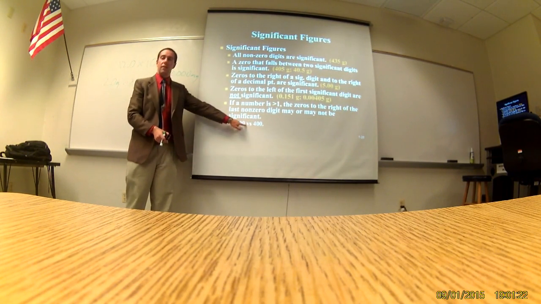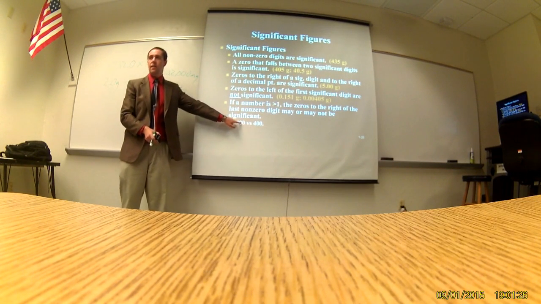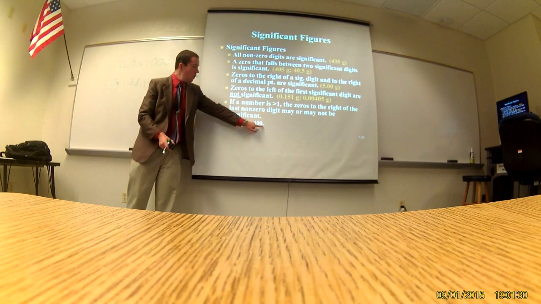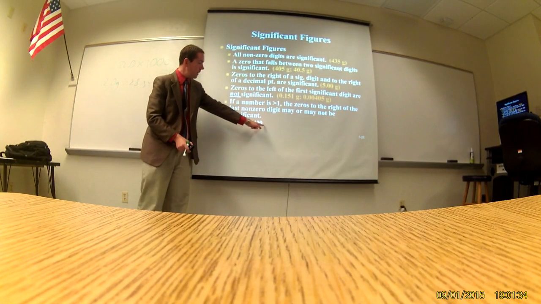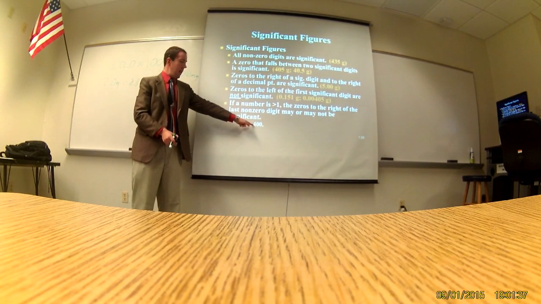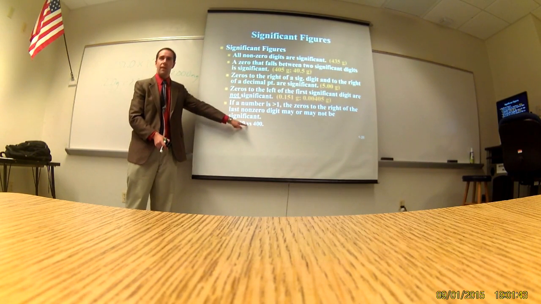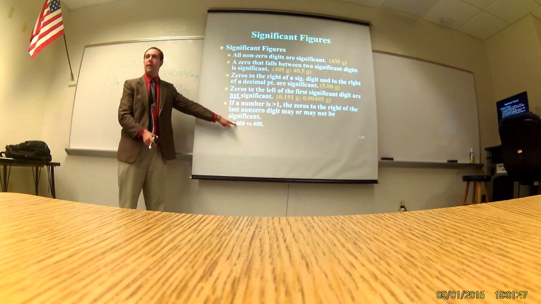There's no point here, so these zeros are not significant. When you have that point there, everything between that point and the non-zero is significant. If you don't have a point, everything between where that point would be and the non-zero is not significant.